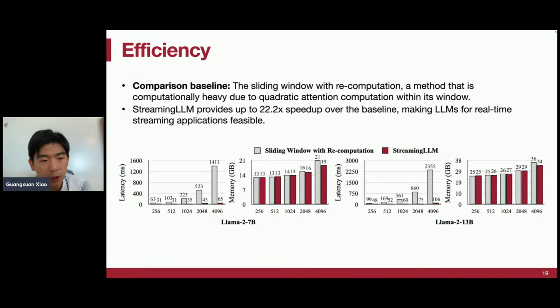So the longer the cache size is, the more speedup we have. We can provide up to 22.2x speedup over this baseline when using Llama 2 13B on a sequence of 4096. This makes LLMs for real-time streaming applications feasible.